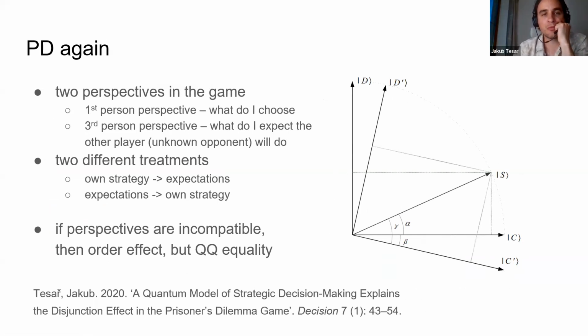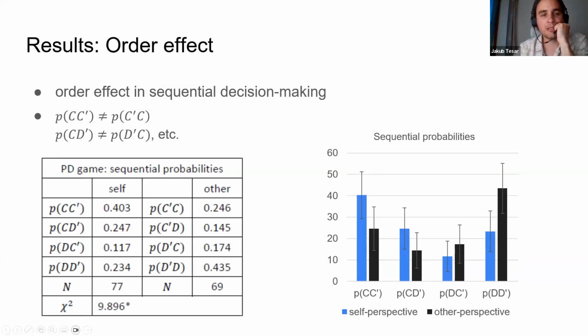That's right. But what I just wanted to say, because that's probably what's so amazing about this result, is that these probabilities are different, which does not really say much about the validity of the model. We created the order effect with this manipulation.